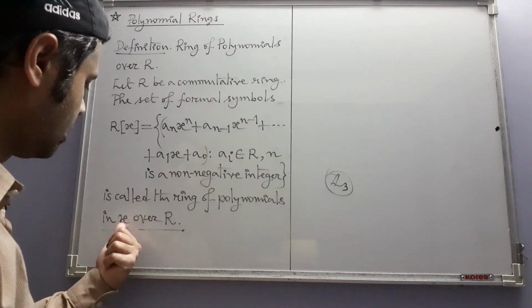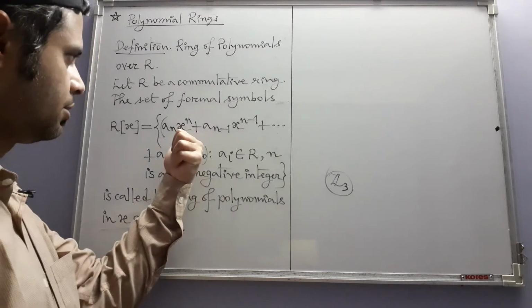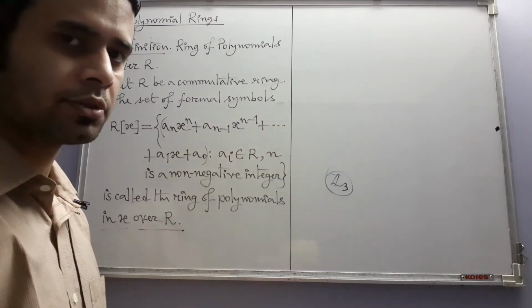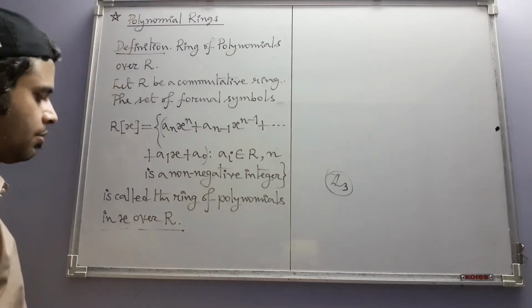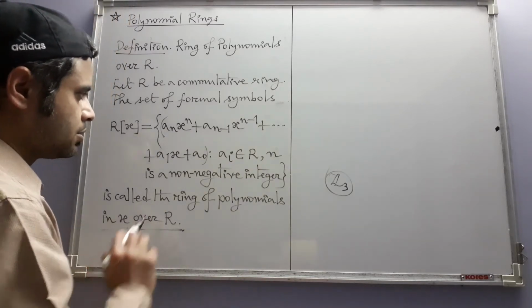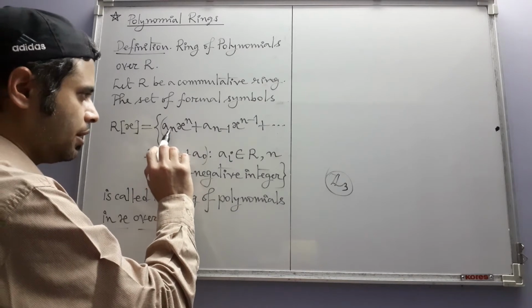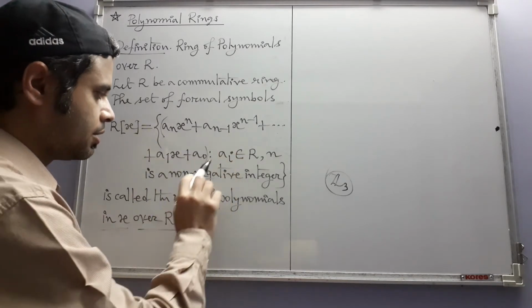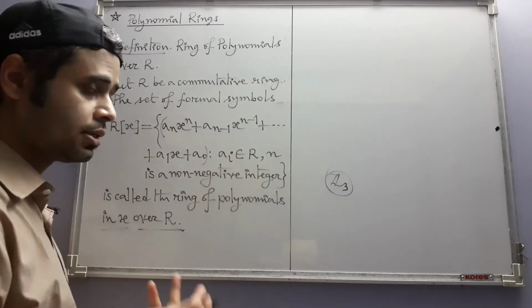You can write some other symbol Y also. Then in place of X you have to write Y. Over R means the coefficients a_{n-1} etc. are coming from the ring R.